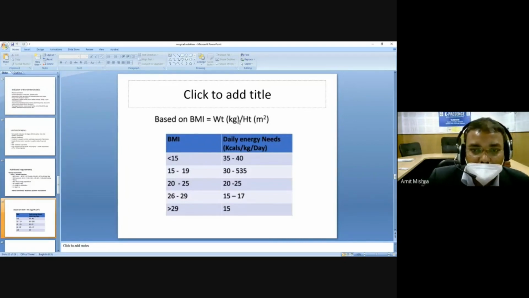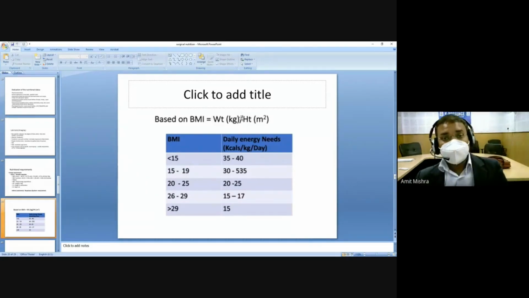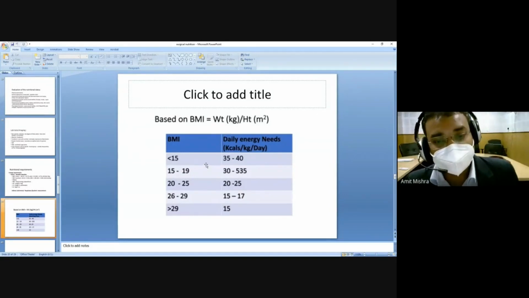You should know that this is an important parameter to know the outcome. Here, in every patient, BMI is calculated. So at least you should know the BMI, where patients are divided into various categories.